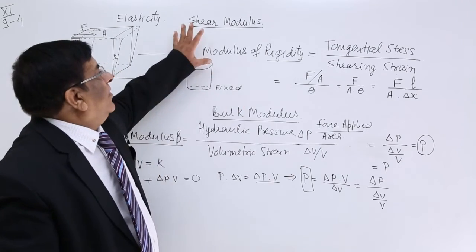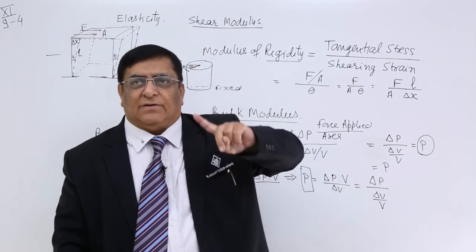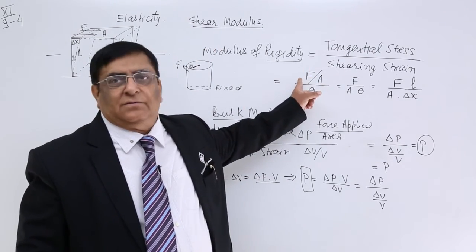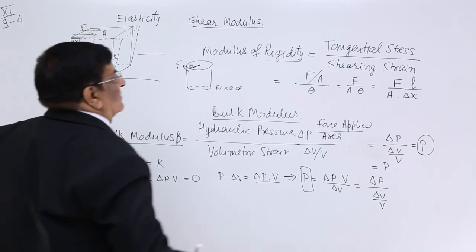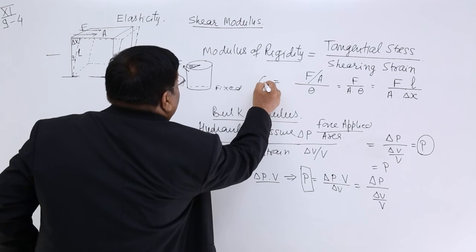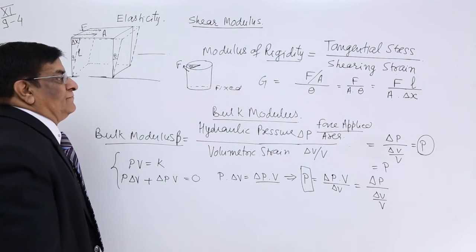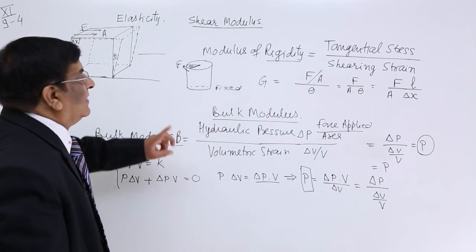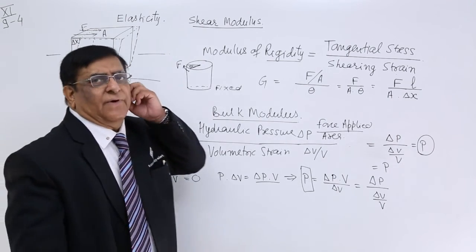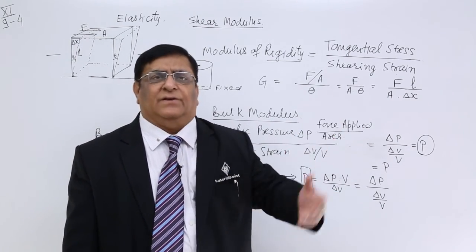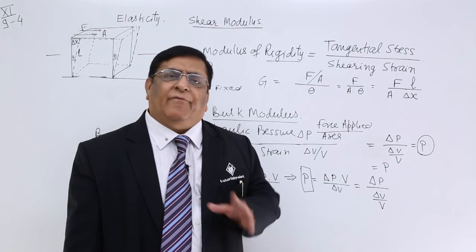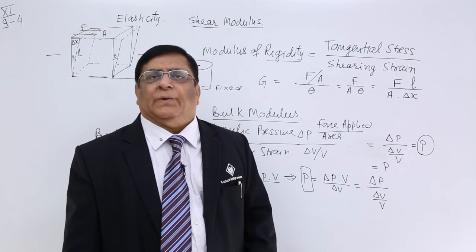So this is all about the three moduli: Young's modulus, modulus of rigidity, and bulk modulus. The modulus of rigidity has the symbol G, this is B and that is Y. You can find the values for different materials for G, Y and B, and you can understand the unit everywhere is Newton per meter square.